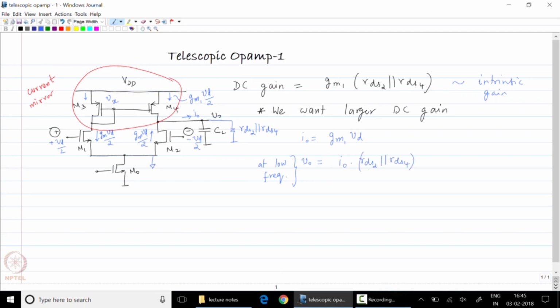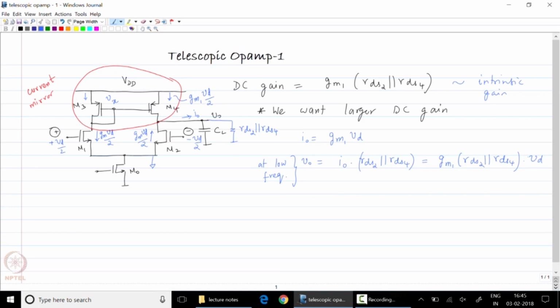So this tells us that the output current flows through the parallel impedance of M2 and M4 to create the output voltage. So this is GM1 into RDS2 parallel RDS4 times VD. Now this shows us where the gain is coming from.